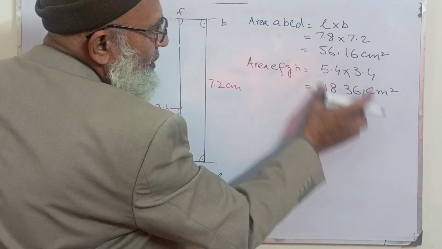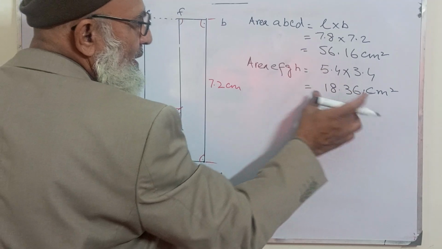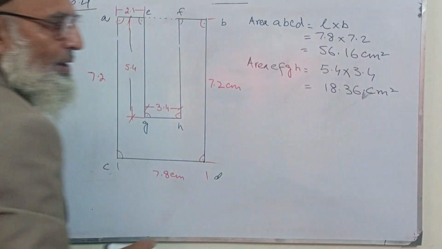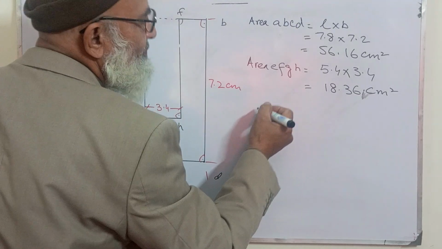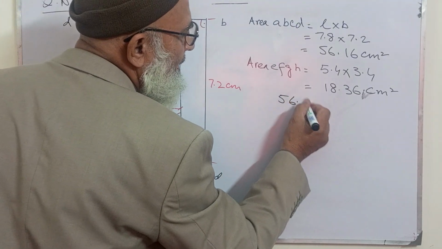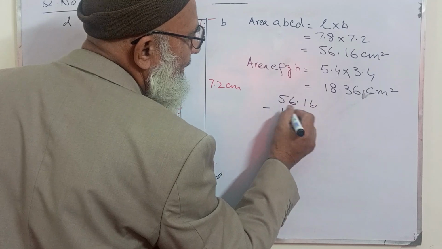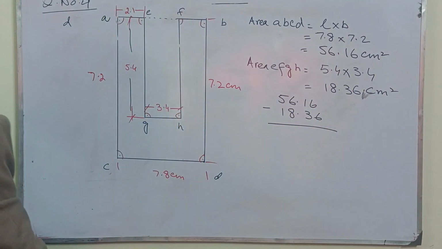We have to subtract this empty portion from this whole figure. So it will become 56.16 minus 18.36.